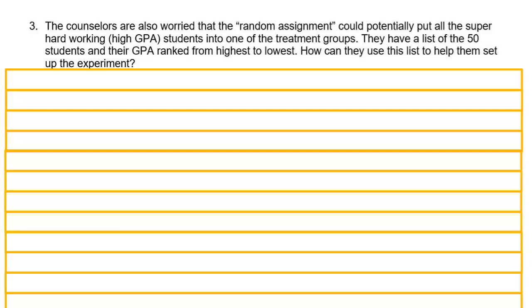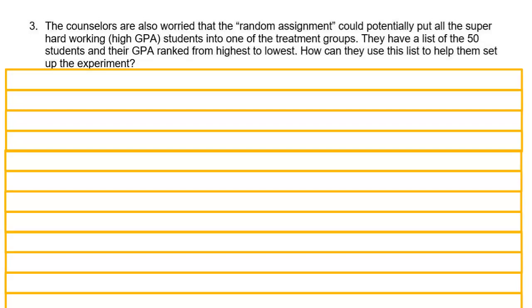Counselors are worried that the random assignment, whether for blocks or in my completely randomized design, could potentially put all of the super hardworking, high GPA students into one of the treatment groups. So they have a list of all 50 of the students and their GPA ranked from highest to lowest. How could they use that list to help them set up this experiment?